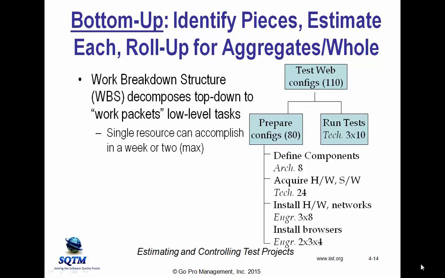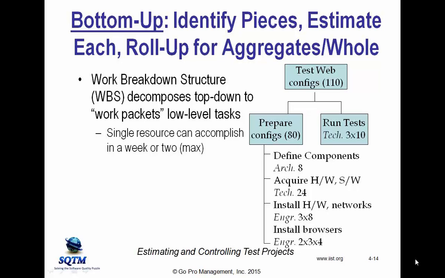What we're showing in the parentheses are the totals of the included or below tasks. If you add up all of these four work packets for defining the components and so forth, you'll see that they total up to 80 hours for preparing the configurations.